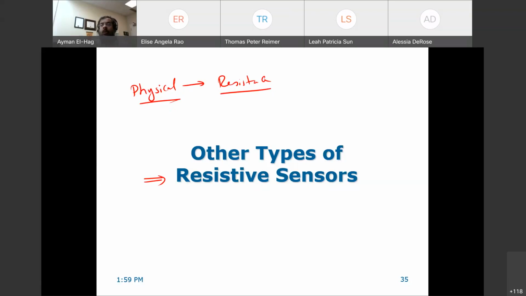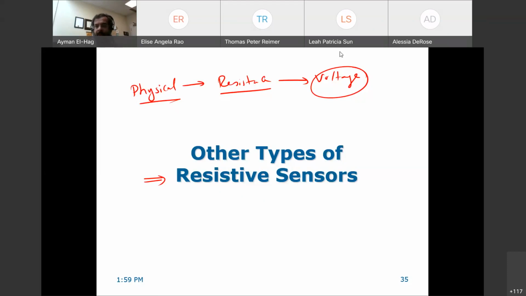However, we change the change in the resistance into change in voltage using the Wheatstone bridge. So we are doing an extra step here. But the strain gauge itself is a resistive sensor. It's a sensor that when you apply a force to it, its resistance will change. So these are called resistive sensors.